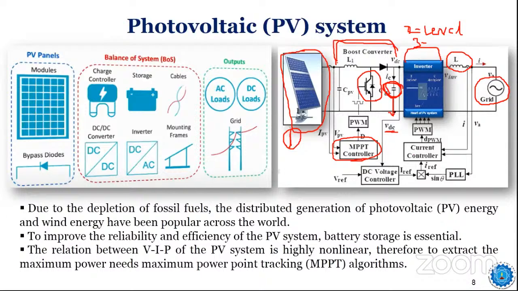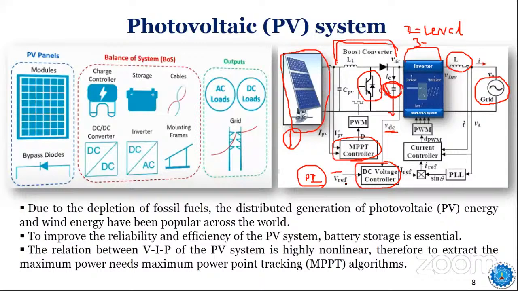Then, as I told you, you need a DC link voltage regulator. This DC link voltage controller is connected to maintain the required DC link voltage. Let's suppose our required DC link voltage here is 300 volt. Generally we employ PI controllers in this DC link voltage regulator. It is tracking the set value.